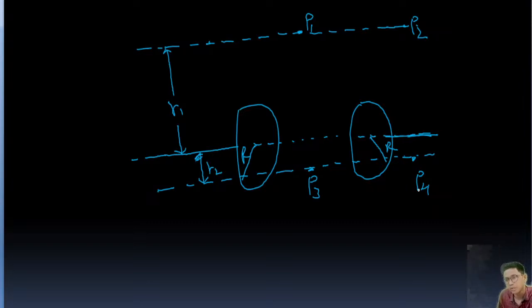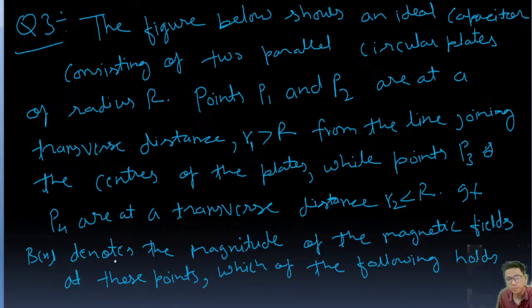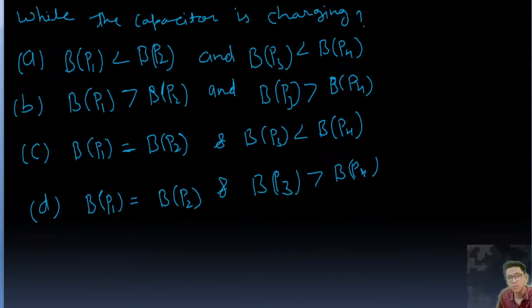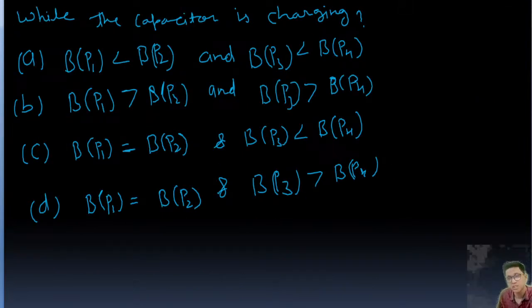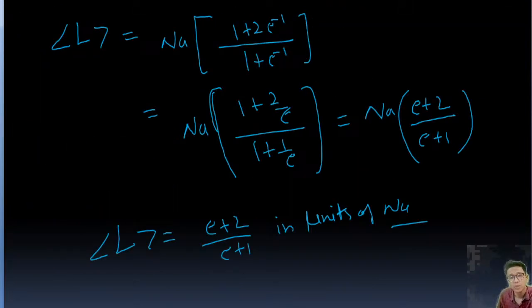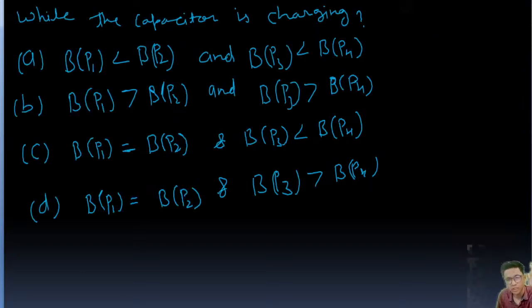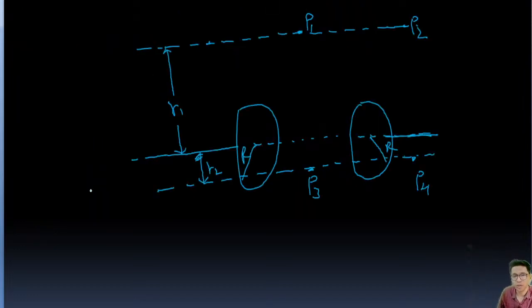Now, if Bx denotes the magnitudes of magnetic fields at these points, which of the following holds while the capacitor is charging? These are the options given, and we need to choose the correct option. Very good question. So this is the figure, guys.